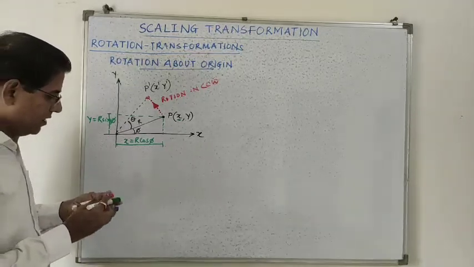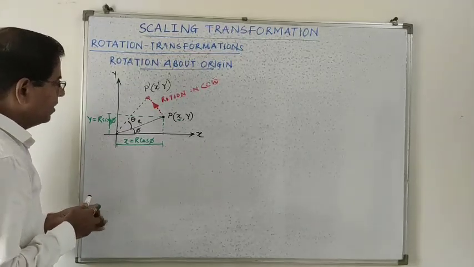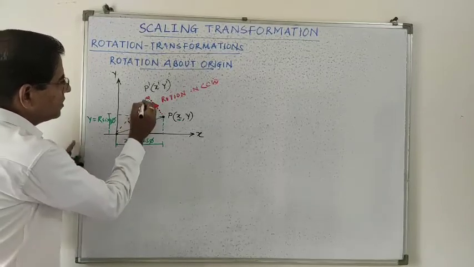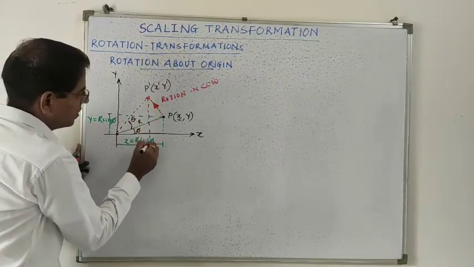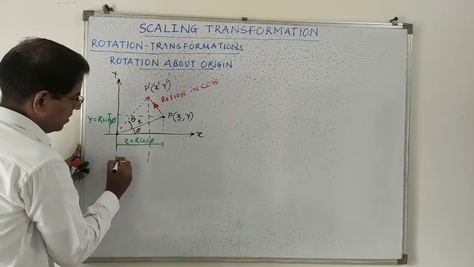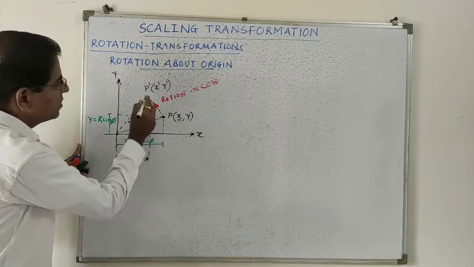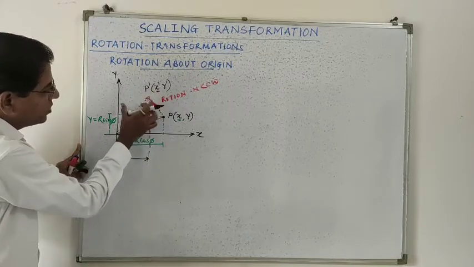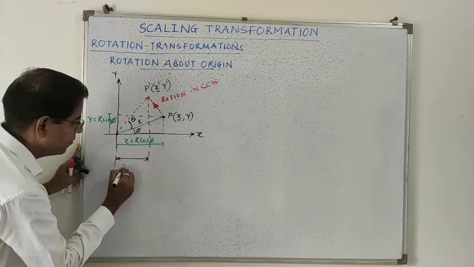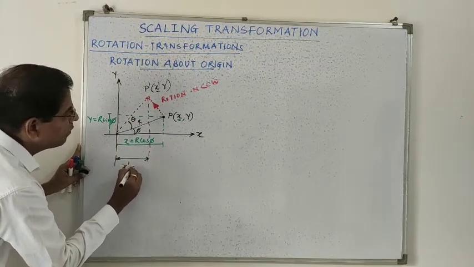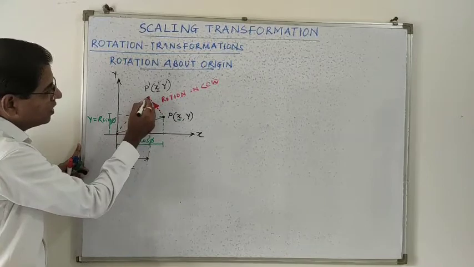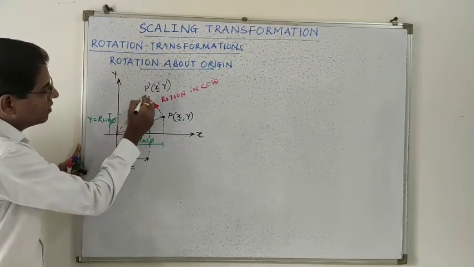Similarly, this distance is how much? X dash. This is x dash. And what is x dash in this triangle?